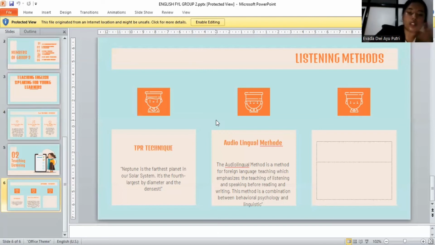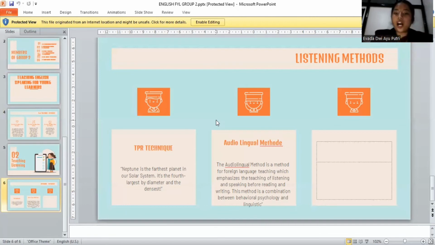Meanwhile, according to Larsen and Diane, in Techniques and Principles in Language Teaching, TPR, also called the comprehension approach, is a method of approaching a foreign language with instruction or commands. This TPR method is very easy and light in terms of language use and also contains elements of game movement, so that it can relieve stress on students because of the problems faced in their lessons, especially when learning a foreign language.